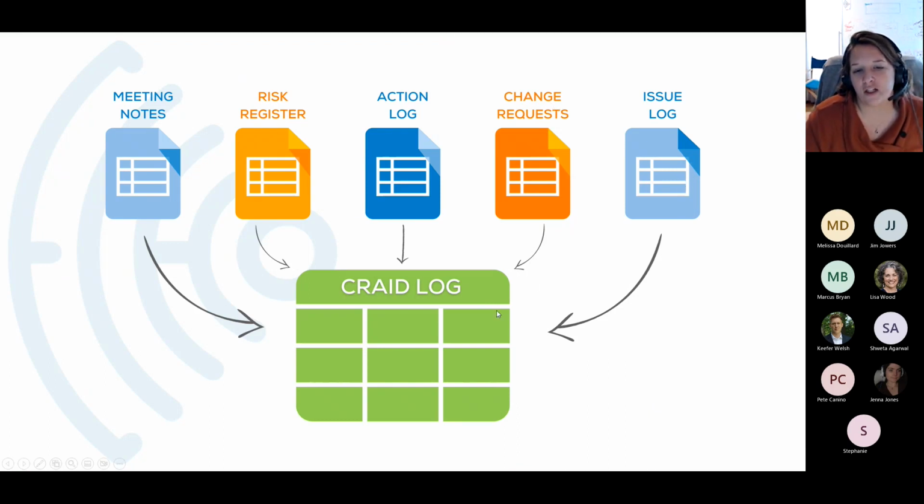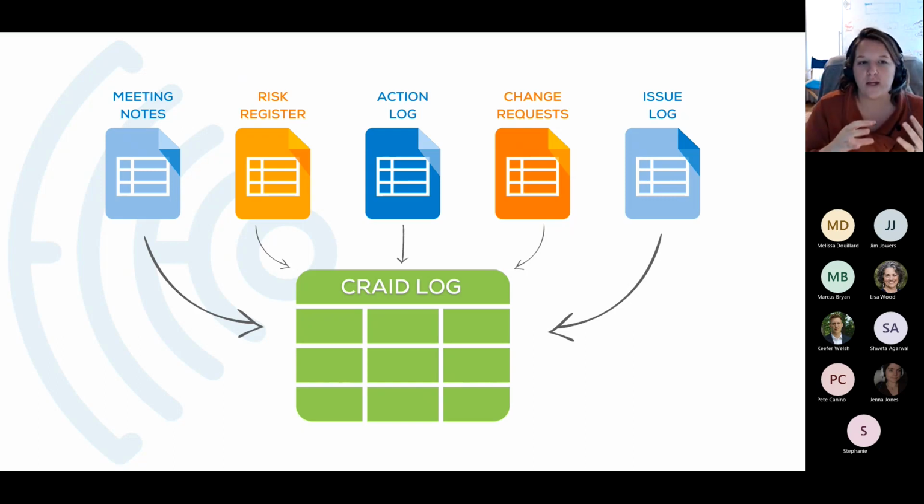That's where this CRAID log terminology was really born, which is a single source of record for things that happen in meetings. Maybe it was an action assigned to someone that wasn't in the meeting that needs to be followed up on. Maybe it was a question that needed to be asked. Maybe there was a change requested in terms of a new resource that needed to be brought on. So the idea was to create a single source of record for all of these different ad hoc requests and things that came up over the course of a project.